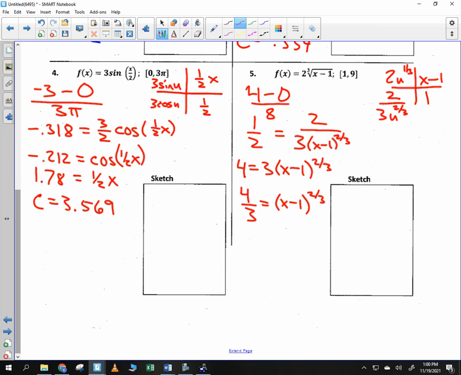Kind of a tough one, isn't it? Nice and loud. You cube it and then do the square root. You raise it to the reciprocal power. You see that? If I raise this to the 3/2, a power to a power you multiply, right? And that would just give me 1. So raise that to the 3/2.